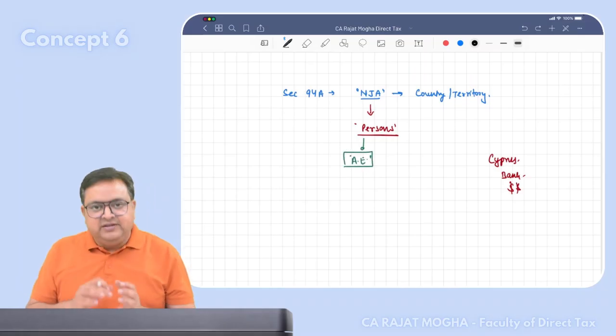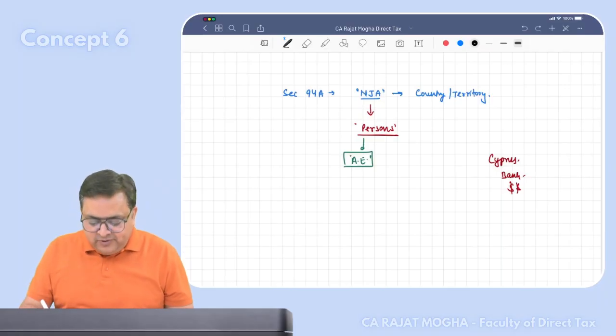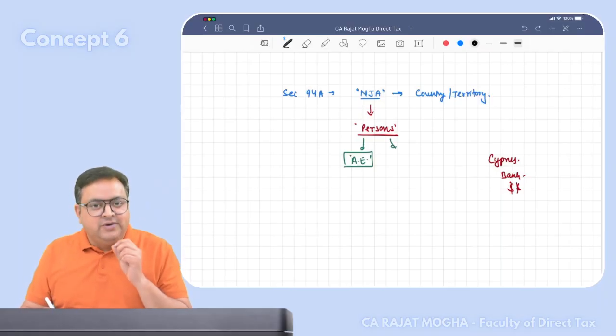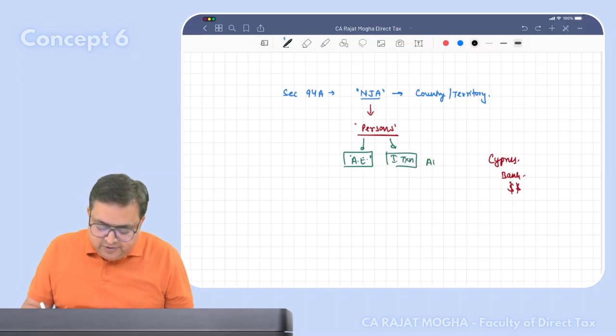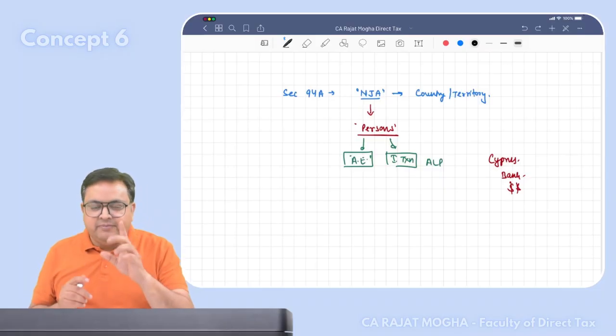And if we treat them as your associated enterprises, it means the transactions which you are doing will be considered as international transactions, and we will apply ALP over here.